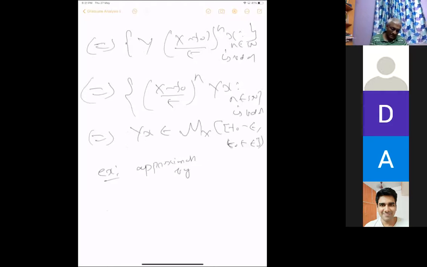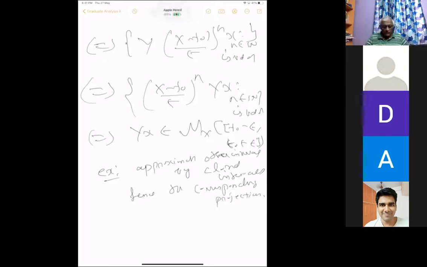Approximate other intervals by closed intervals, and hence the corresponding projections. Then you will prove it. That's all.